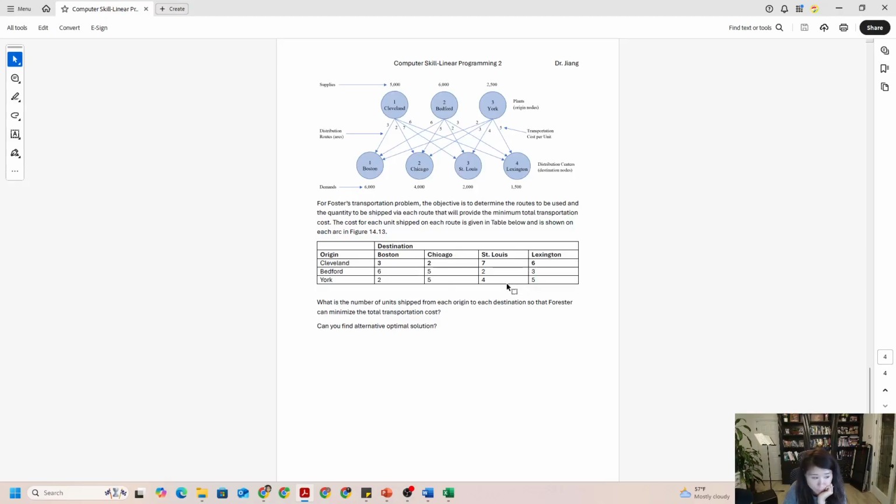Here, instead of using the notation I introduced before, you can see CB, CC, CS, CL, BB, BC, BS, BL, YB, YC, YS, YL. You can use this way, or the other way, using X: X11, X12, X13, X14.